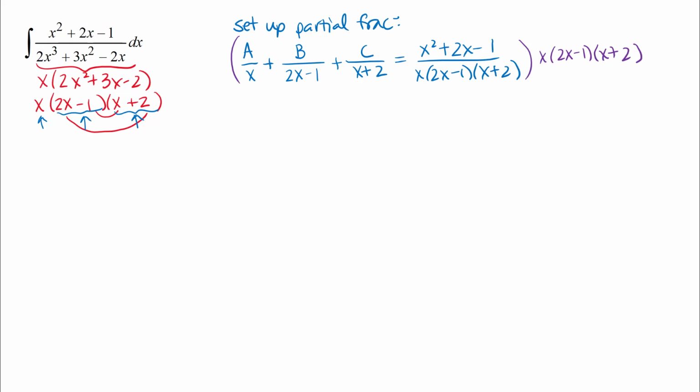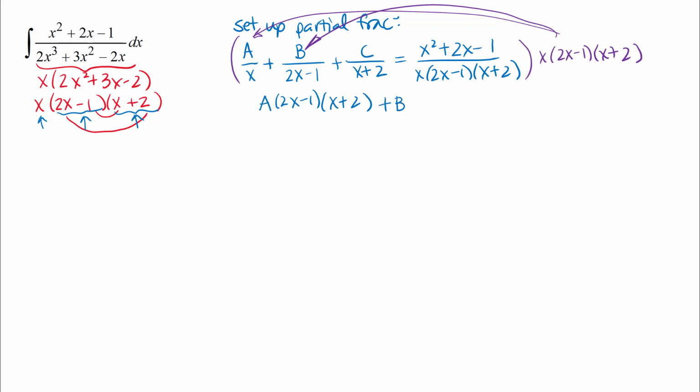So when I do that, when I multiply that denominator to the first term that I have over here on the left side, the x factor will cancel with the x factor I'm multiplying by, and I'll be left with a times 2x minus 1 times x plus 2. And then when I multiply all of that times my second fraction, the 2x minus 1 factors will cancel.